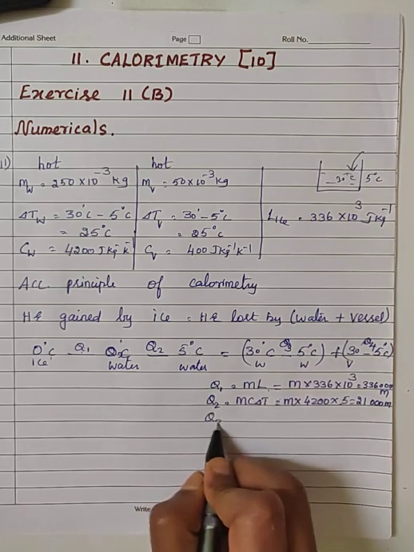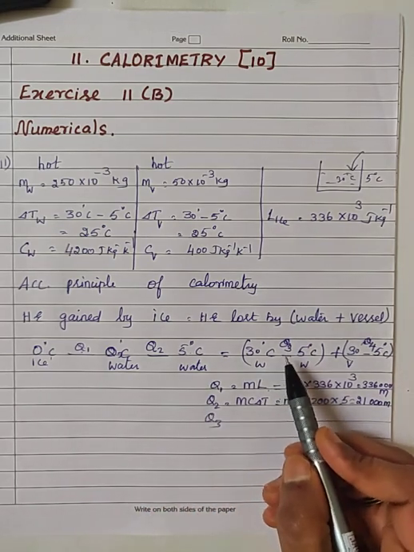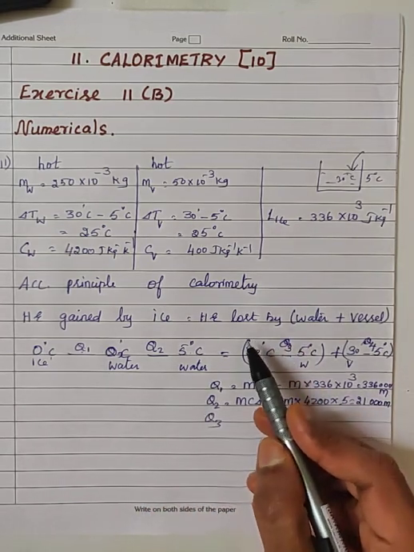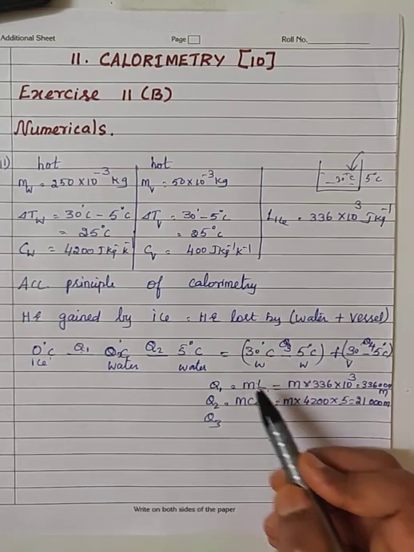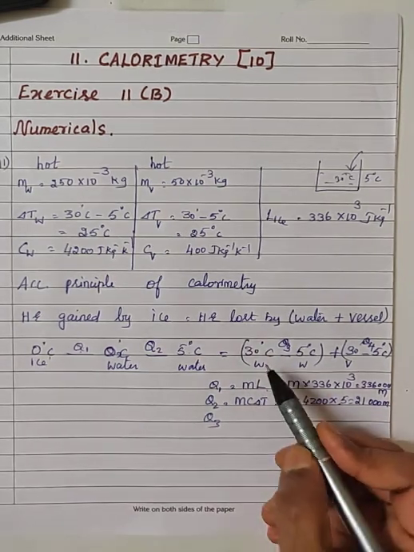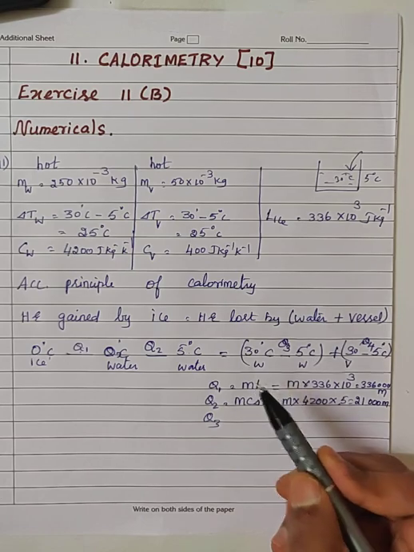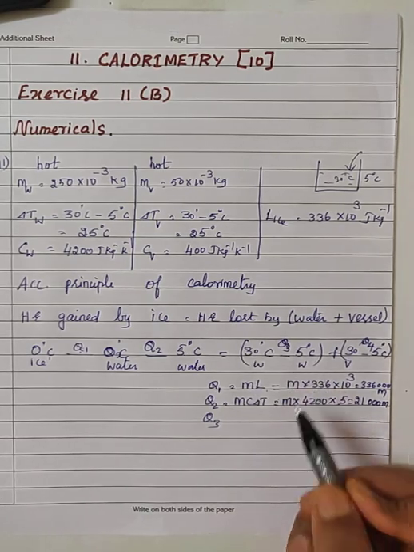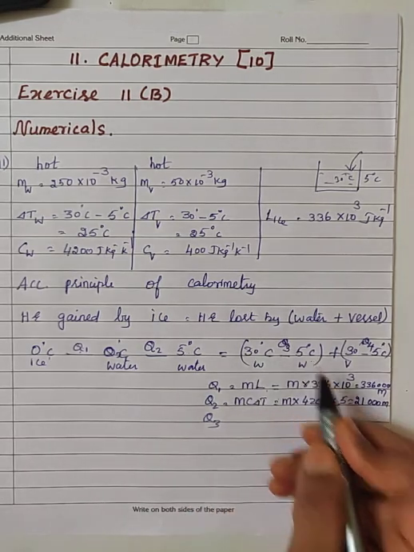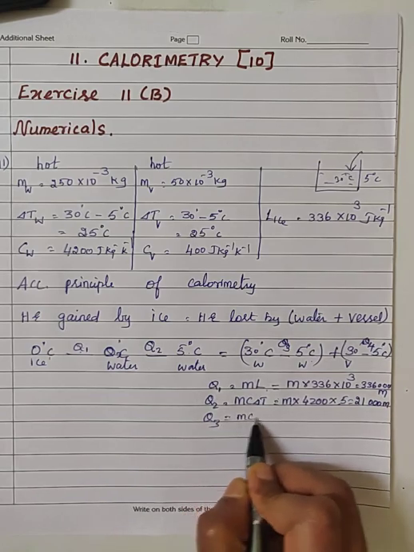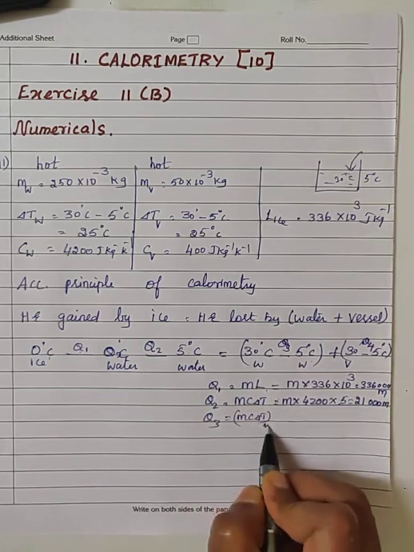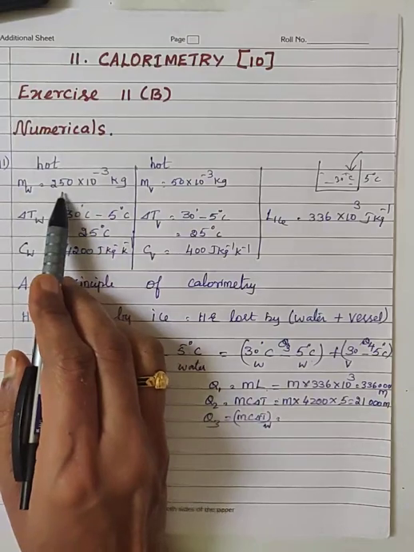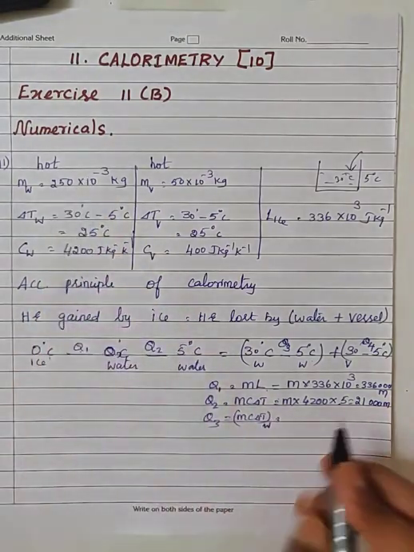Okay. Q3. Q3 is the amount of heat energy lost by water. Yes, lost by water, so that the temperature of the water falls down from 30 degrees Celsius to 5 degrees Celsius. So there is a change in temperature of water. So the expression is mc delta T of water. Mass of water is given as 250 into 10 power minus 3.